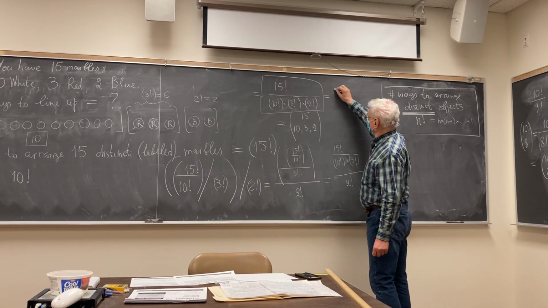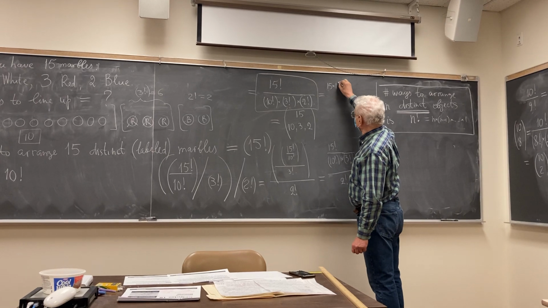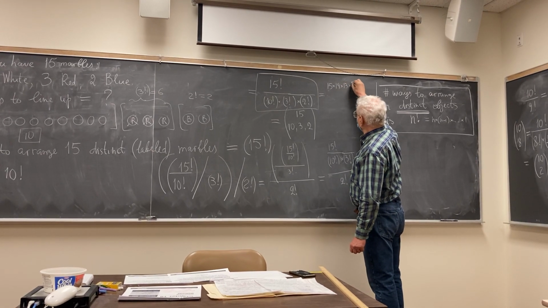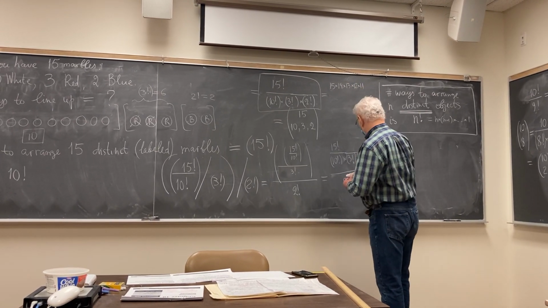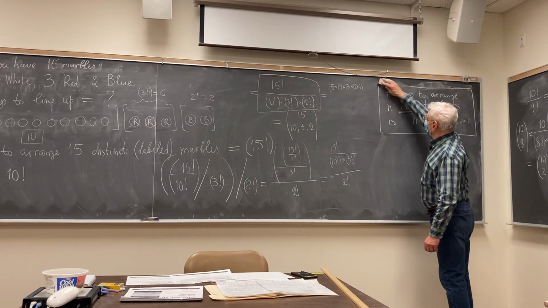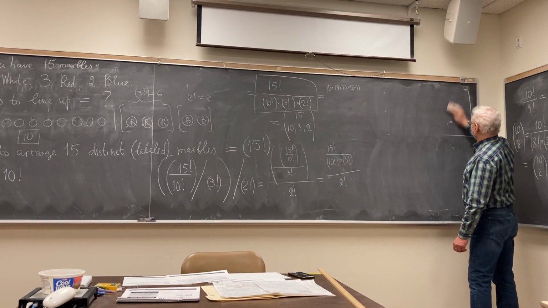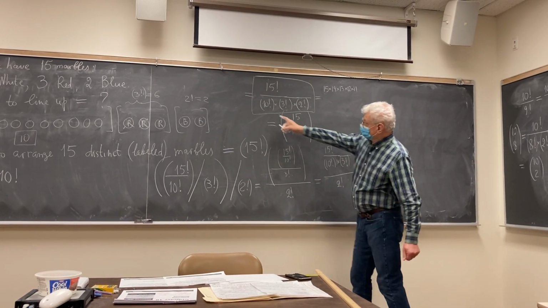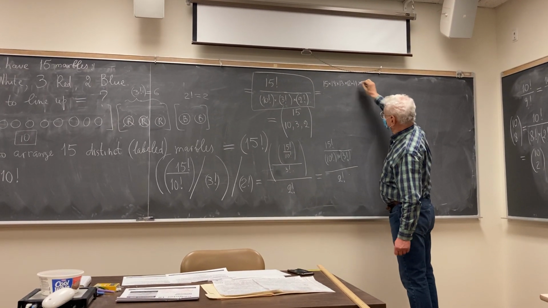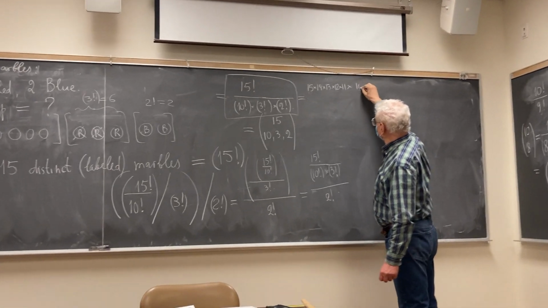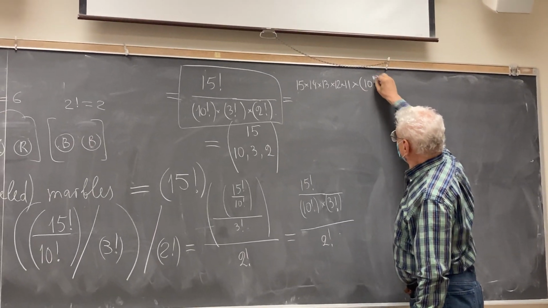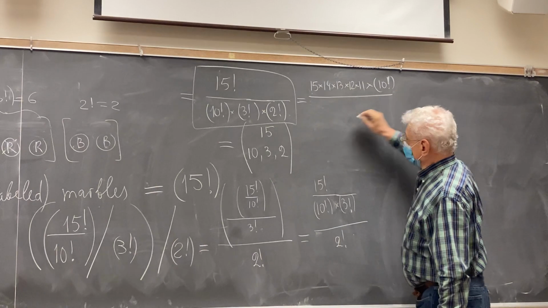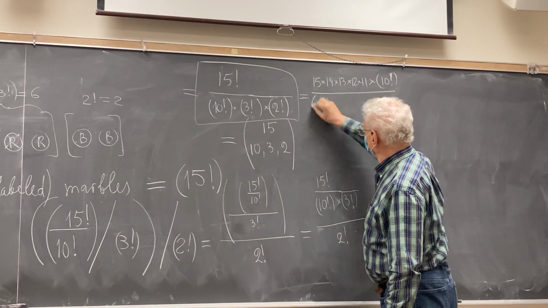So how to do that? You just write 15 times 14 times 13 times 12 times 11. Okay, I erase this part. After that, you see 10 factorial here. So you have to write all the numbers from 10 to 1. So you just write 10 factorial divided by 10 factorial.